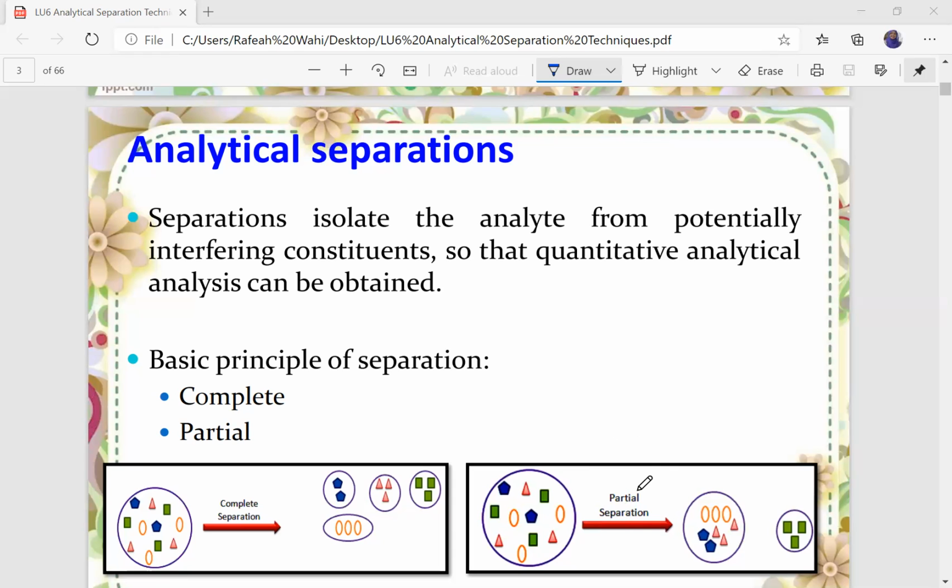In partial separation, if your analyte of interest is the green compound here, you are going to separate only the green compound because this is all the analyte that you need for further analysis, and you leave the rest of the compounds not separated. So basically, this is a simple explanation on how complete separation and partial separation work.